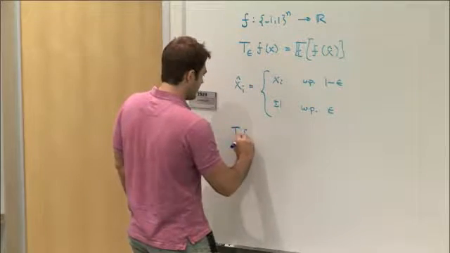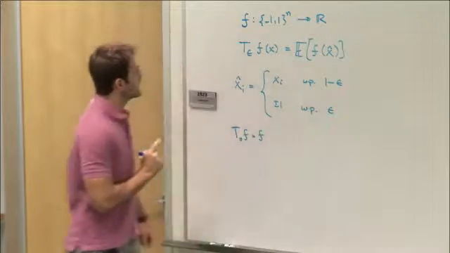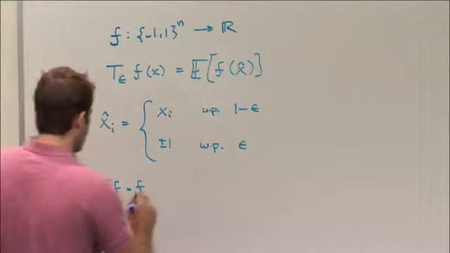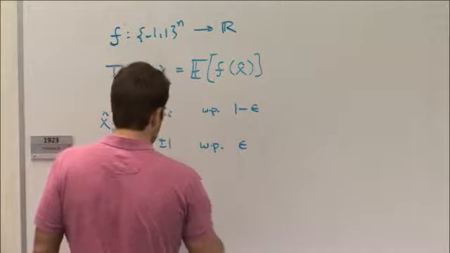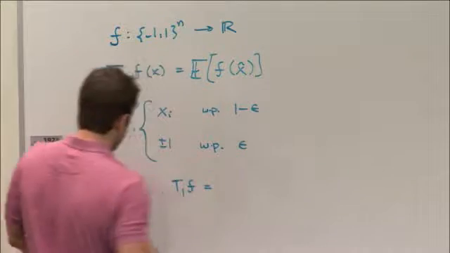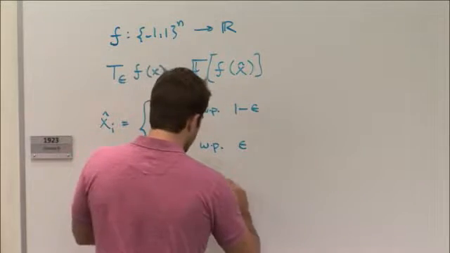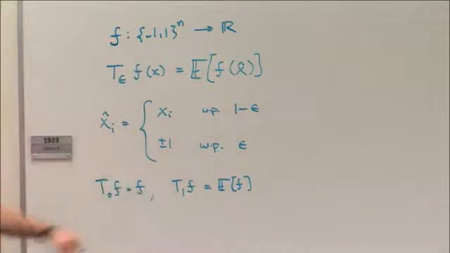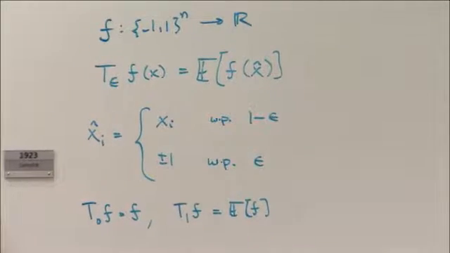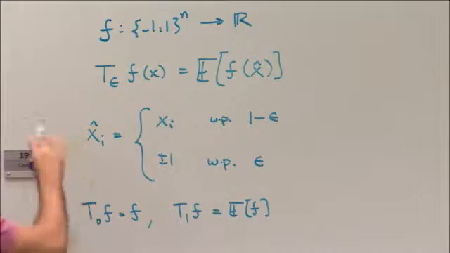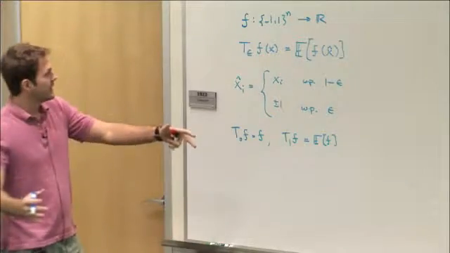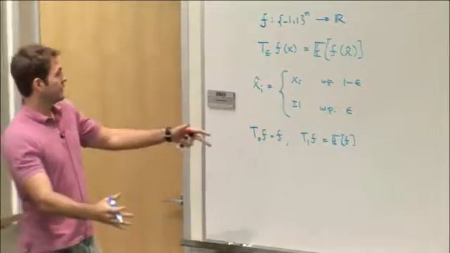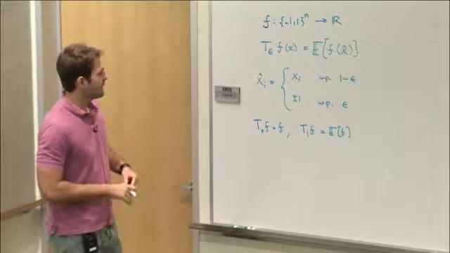Okay, just as a sanity check, if we apply no noise, then we just get our original function back. And if we apply maximum possible noise, then T1 of f is just a constant function, which is the expected value of f, the expected value over the uniform measure on the cube. So one might suspect that when you apply this operator, you tend to smooth functions out because you're doing some kind of averaging.